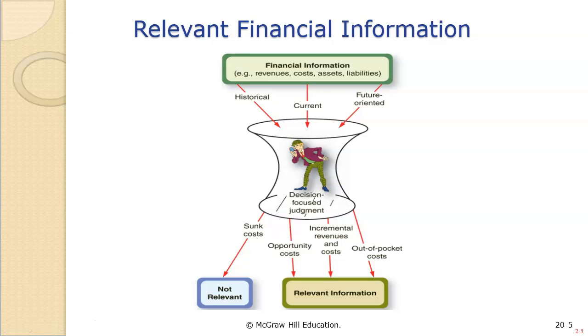Those are costs you're going to have no matter whether you make this decision or not, like utilities or other fixed costs you always have. They're not relevant to the specific decision. The relevant information, as you see down here, is opportunity costs, incremental revenue, incremental cost, and out-of-pocket cost.